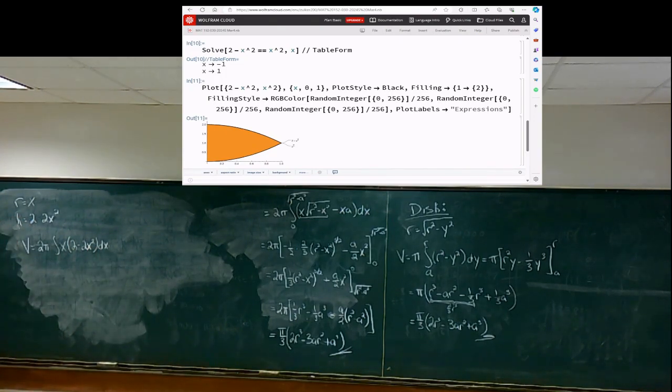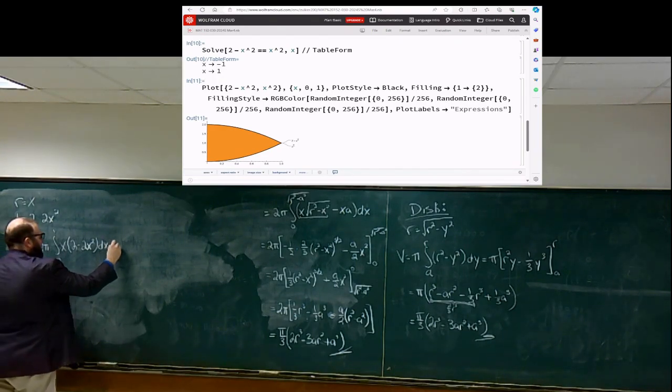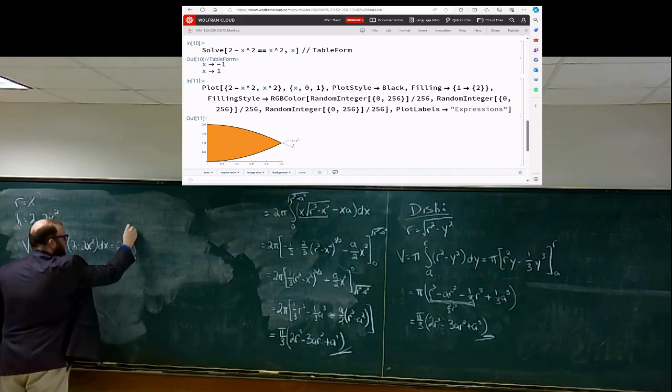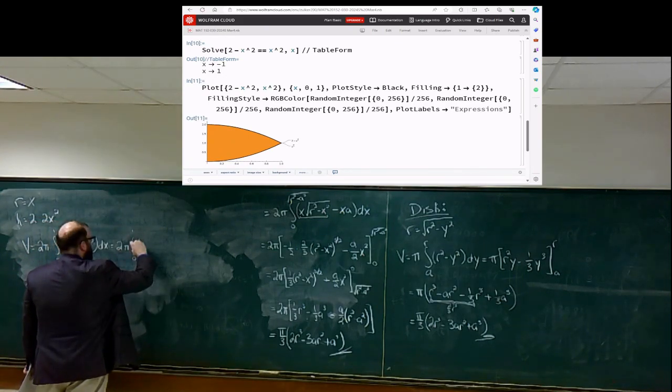What are the limits of integration? Is this with respect to x or y? With respect to x. 0 to what? 0 to 1. Okay. This becomes very simple.